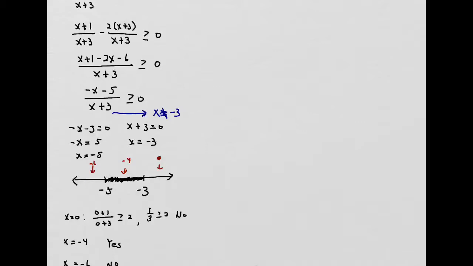So except for that, you can include your boundary points. In other words, you can use this one as a bracket. But this one you cannot use the bracket. You need to use a parenthesis. Why? Because of your restrictions. So then your interval notation will be bracket, negative 5, negative 3, parenthesis, in between.